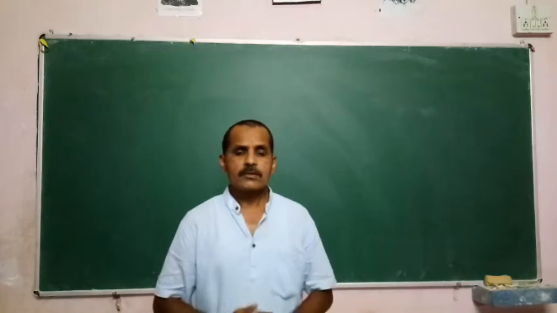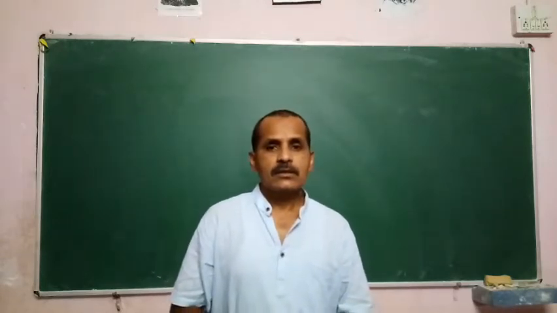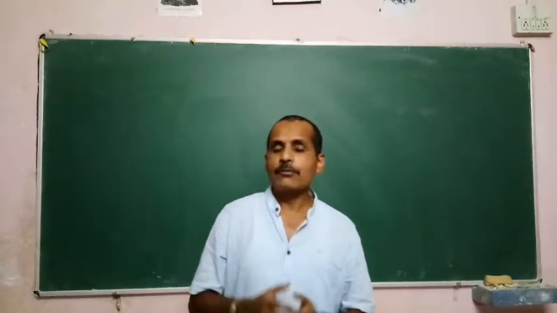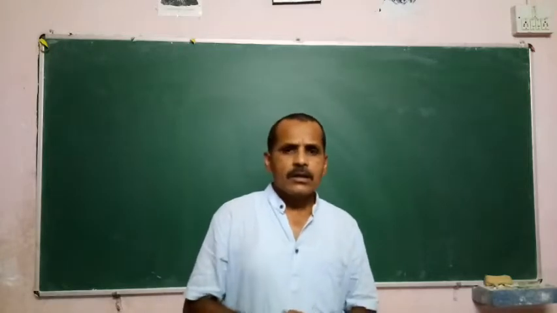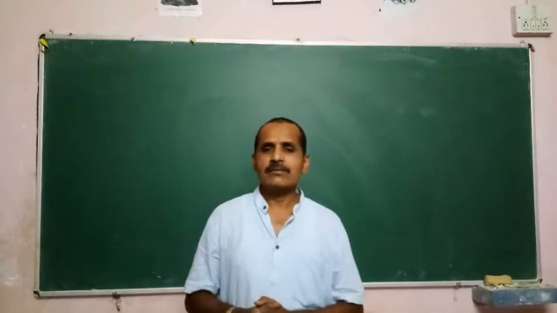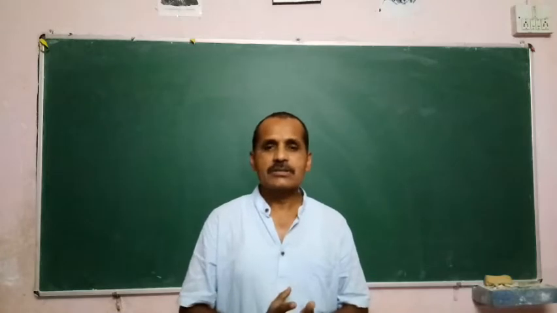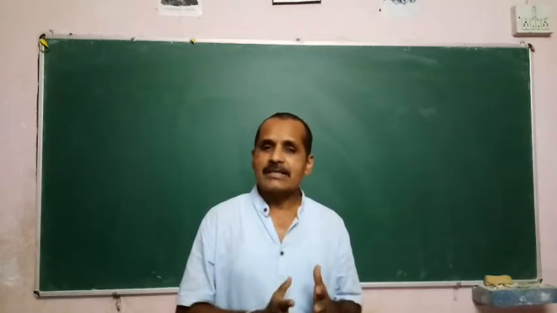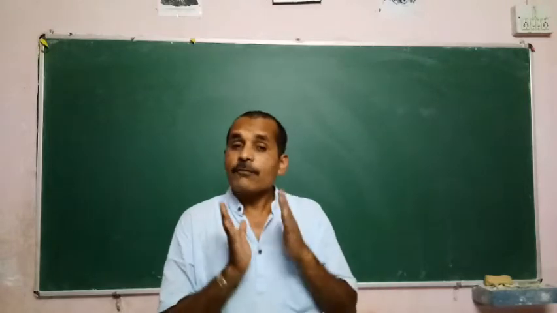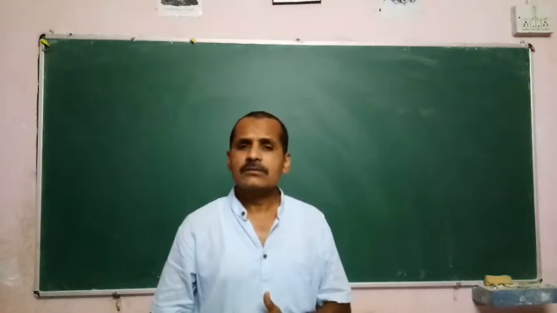Today, under the chapter Lines and Angles, this is the fifth video I am giving to you. I am going to record it. You might have seen all the first four videos of Lines and Angles. In that, all the basic terms of geometry, their definitions, about the parallel lines, transversal, different types of angles, and which are the angles formed when the two parallel lines are intersected by a transversal.